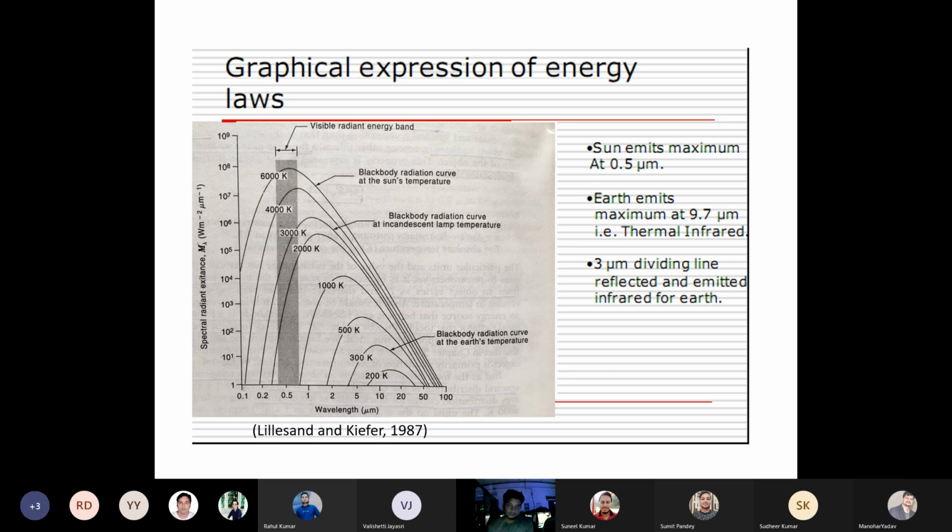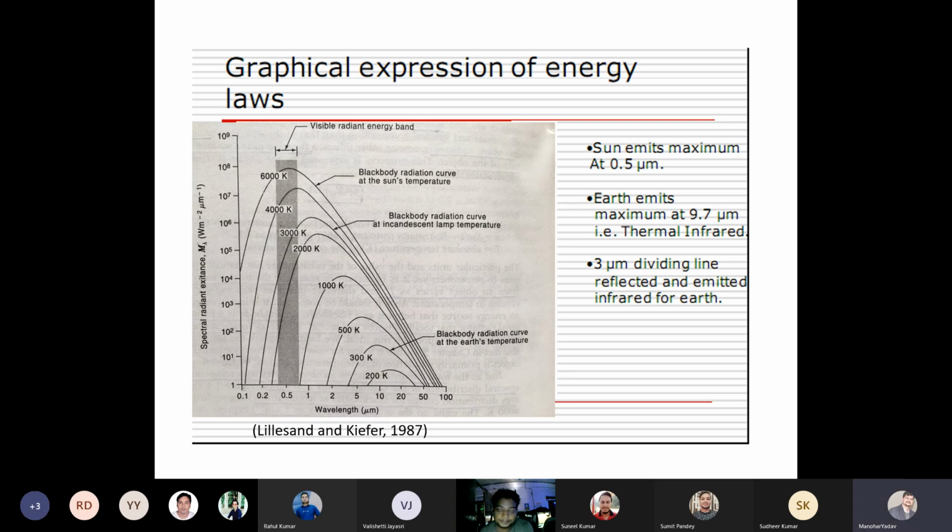Three points have already been given in the slide. The sun emitted and radiated, these two terms are the same. So the sun emits maximum at 0.5 micrometer, and it can be seen in this plot.